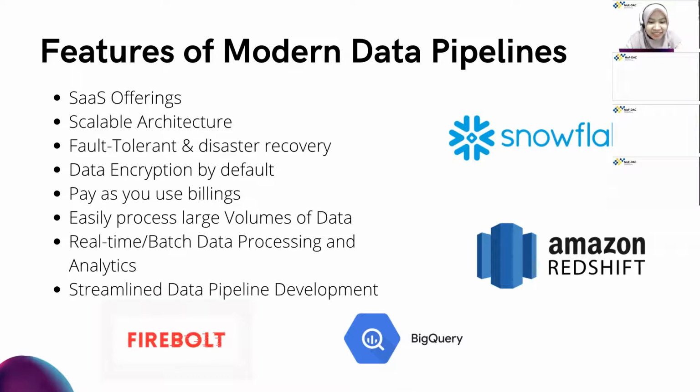What's really interesting about modern pipelines is that they integrate seamlessly with tools. They can integrate with various data sources, and with various tools that are required for insight analysis.